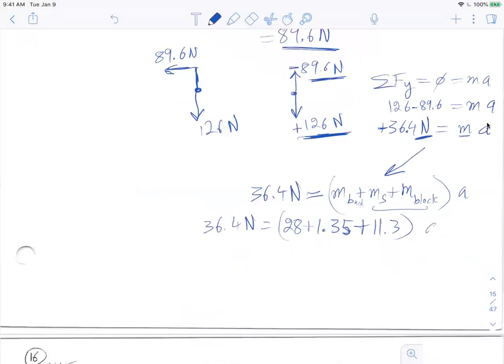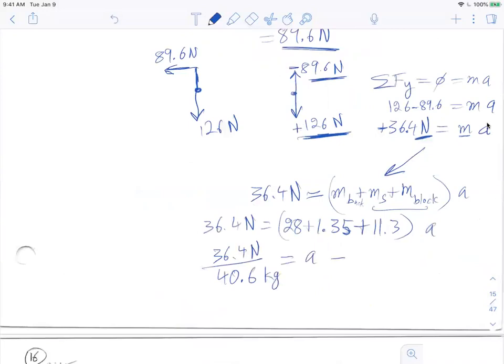Just add it all up and you'll end up with 36.4 divided by something like 40.6. So this is in newtons, this is your kilograms, that's your total mass.